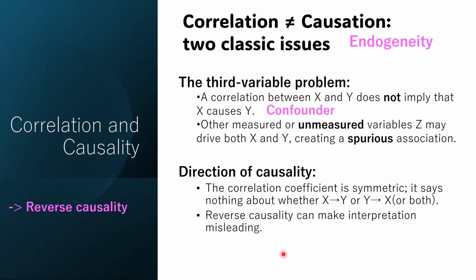So use correlation to describe co-movement, and use research design and identification for the causal effect. Reverse causality can make interpretation misleading. So please check the relationship. If you want to show causality, then you need to apply another method.